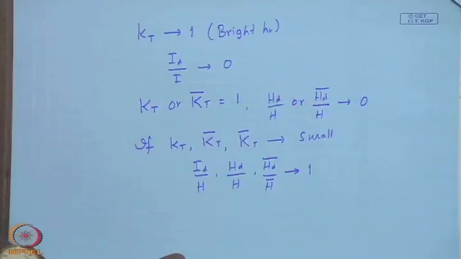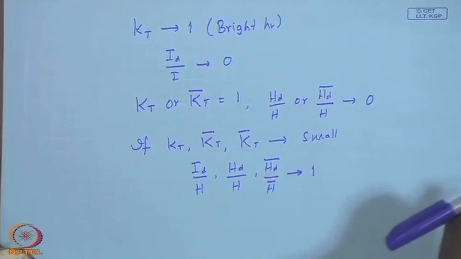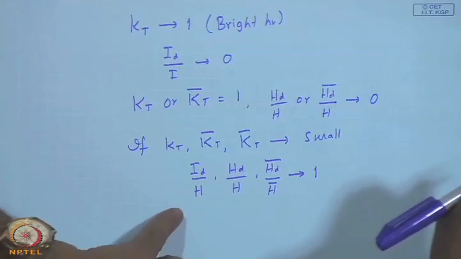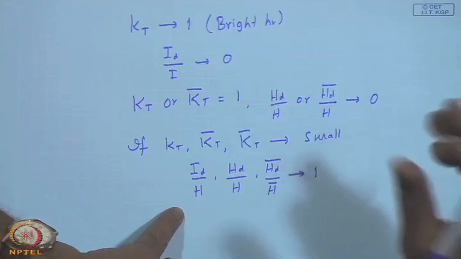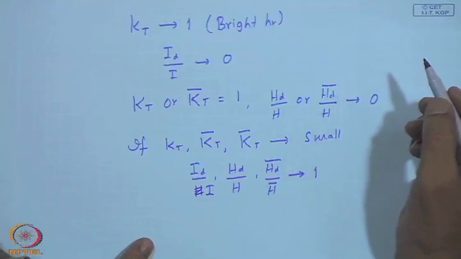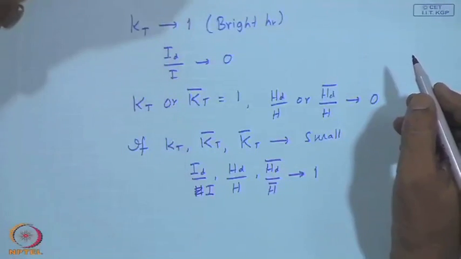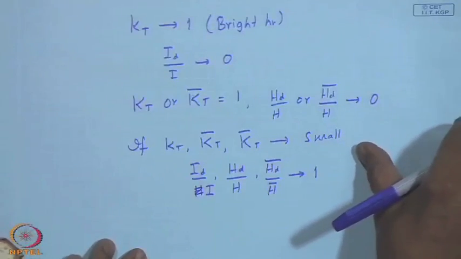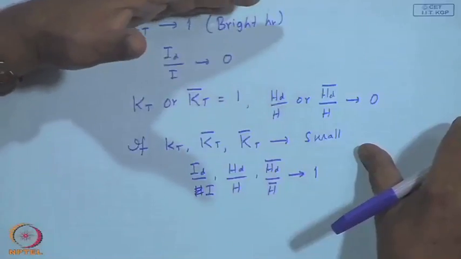Why I did not say 0 is, then I itself is 0, and if I is 0, I d is 0, so I will get into a mathematical difficulty of indeterminate form, right. But if the clearness index is very small, that means it is a very cloudy day, cloudy hour, then all the radiation that I am receiving is diffuse radiation itself, though it may be pretty small, but most of it will be diffuse radiation. Consequently, we can say if the clearness indices are small, my diffuse fractions are close to unity.